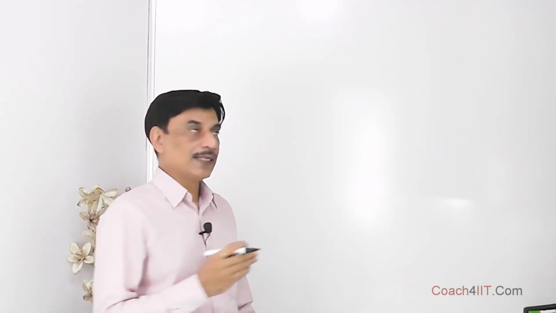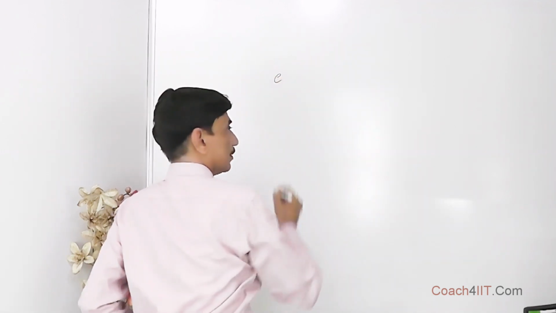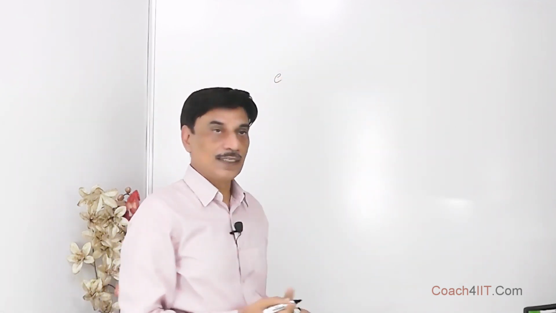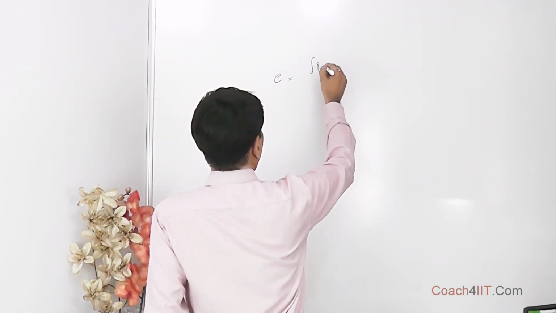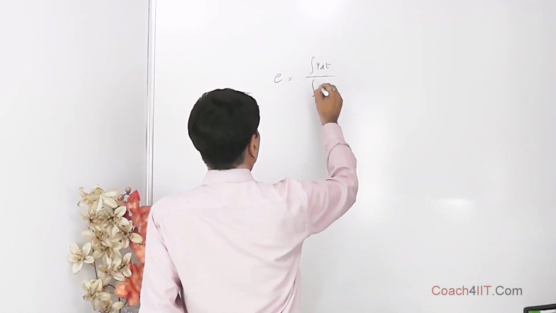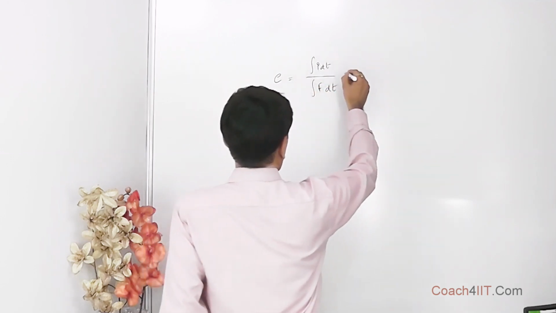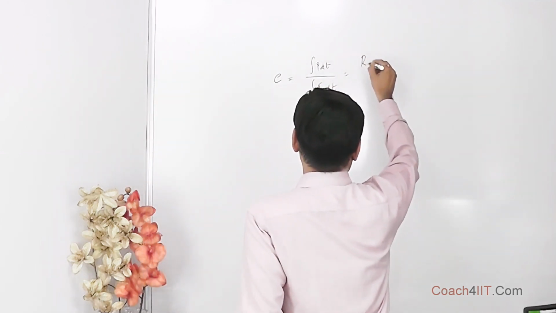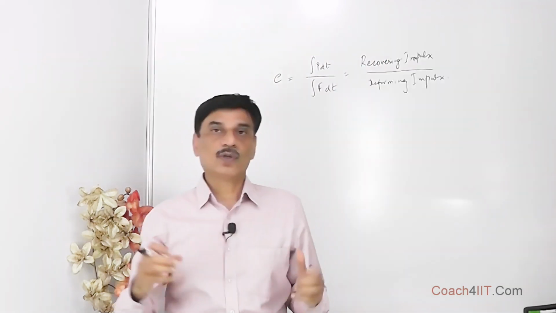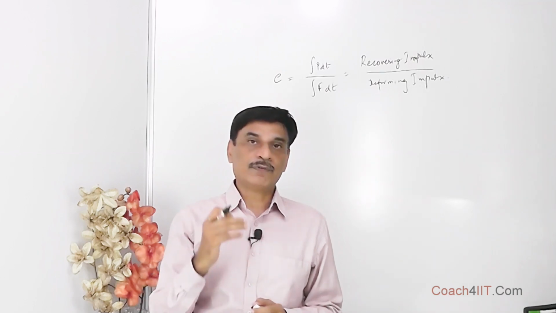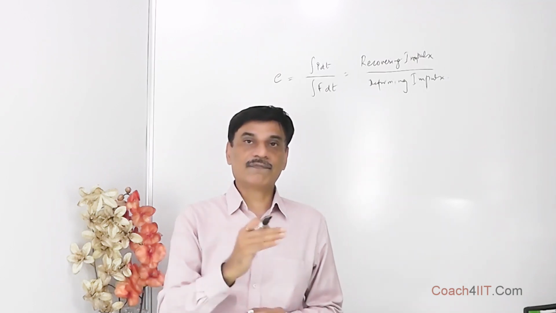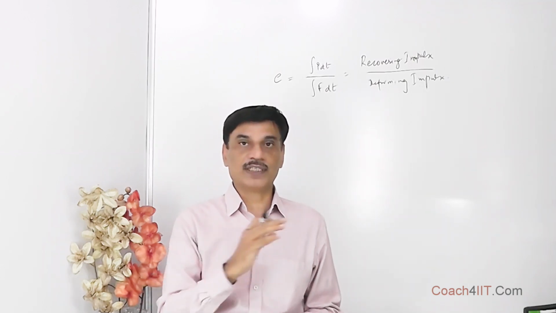The coefficient of restitution or coefficient of resilience is denoted by small e, and it is the integral of P dt upon the integral of F dt. This is the recovering impulse. Obviously, during deformation or recovery, the force at any instant is different from the other instant, so that's why there is integration.